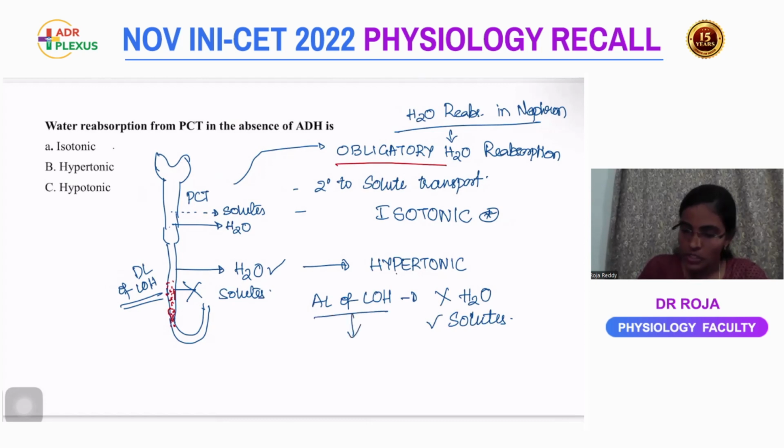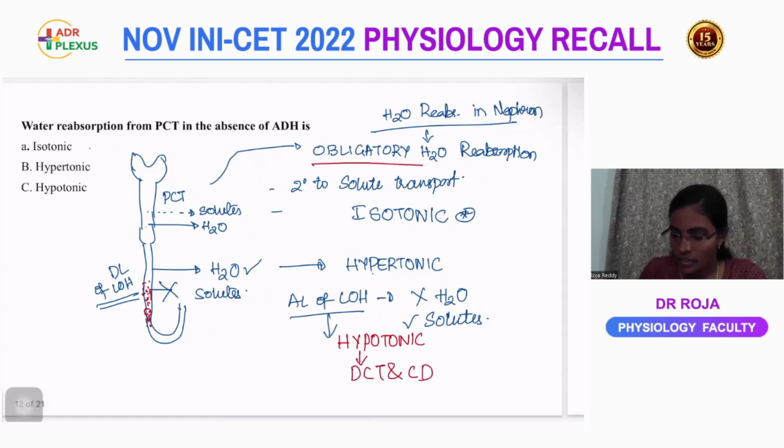So the fluid which is coming out of the ascending limb of loop of Henle, or which is entering into the DCT, is hypotonic, because water is retained in the tubular lumen. Now this hypotonic fluid will then enter into the DCT and the collecting duct.